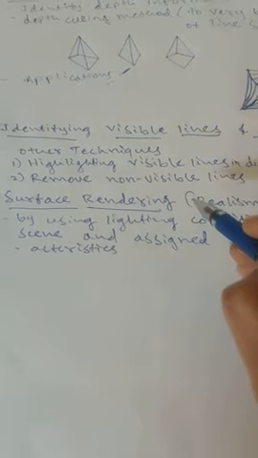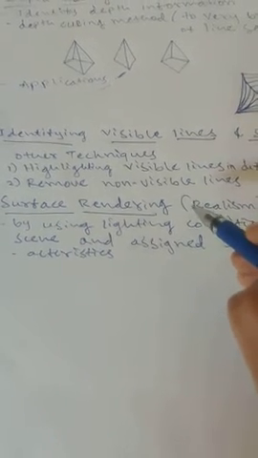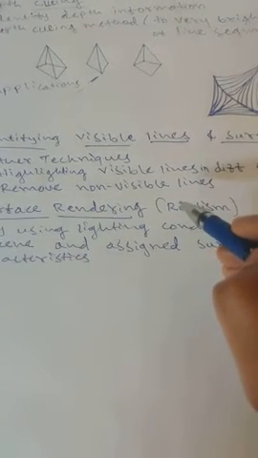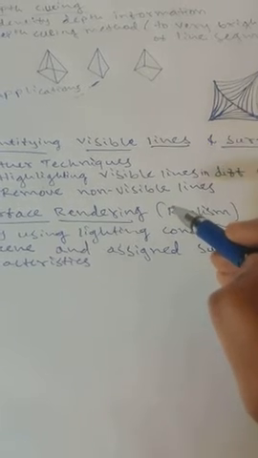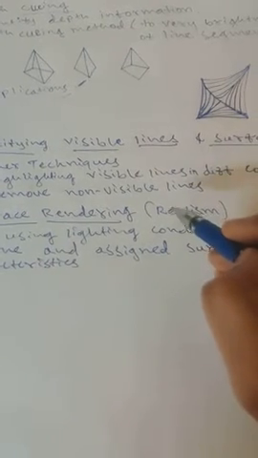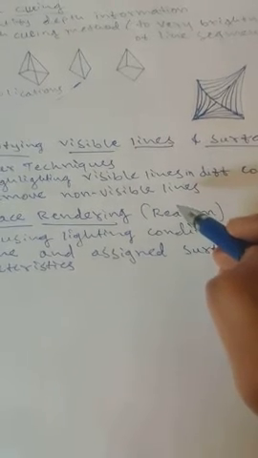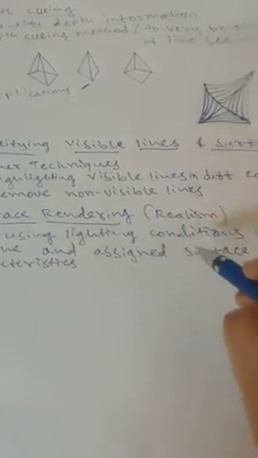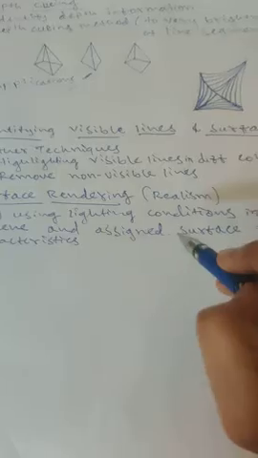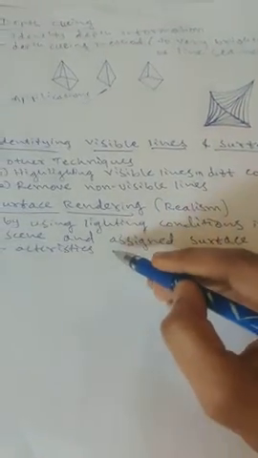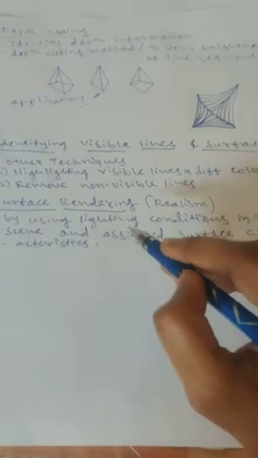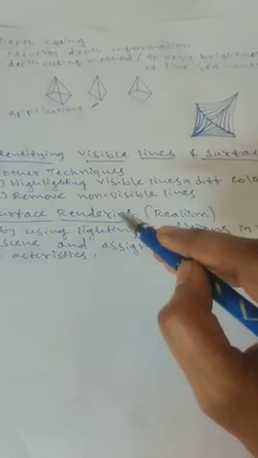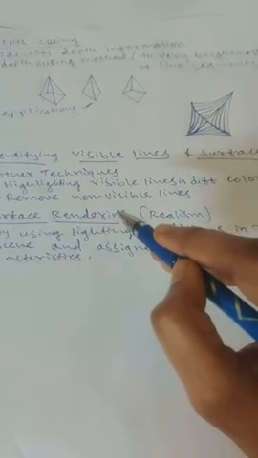That is what the surface rendering technique is, and it is used to attain realism. In order to attain realism in the display by rendering the object surfaces, the surface rendering method can be applied by using the lighting conditions in the scene and assigned surface characteristics. By using these two, we can attain a realistic view of a scene.